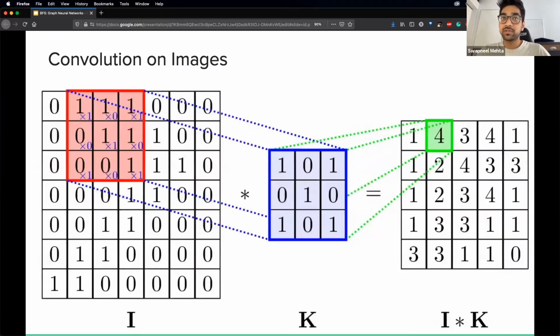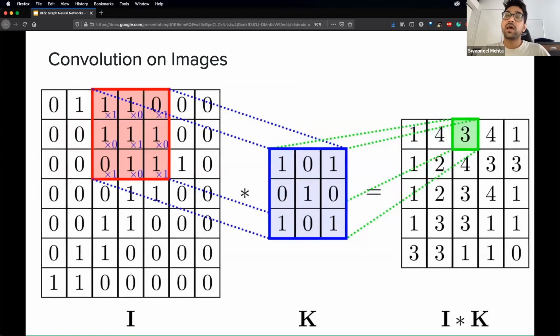For each cell you do this, and you obtain this matrix on the right, which as you can see is also a smaller matrix. So you are creating some summaries of the image, and hopefully you want to learn some sort of feature maps which make sense. So from this field, the idea emerged that you're aggregating the neighborhood of a pixel.